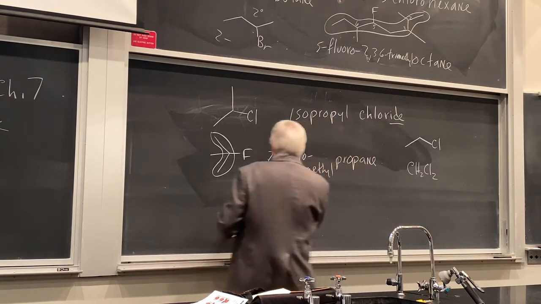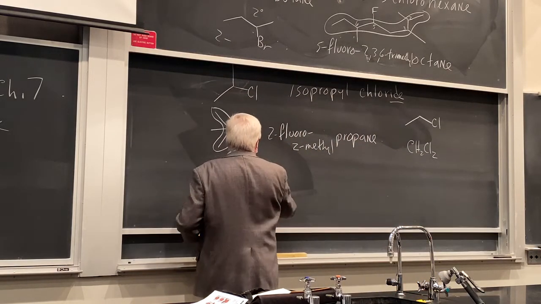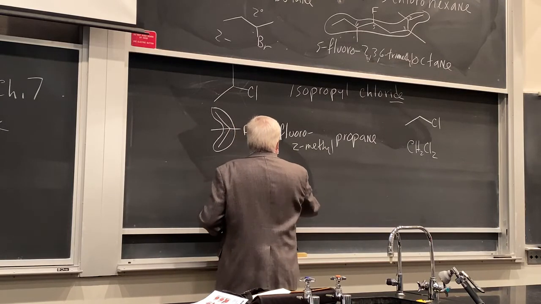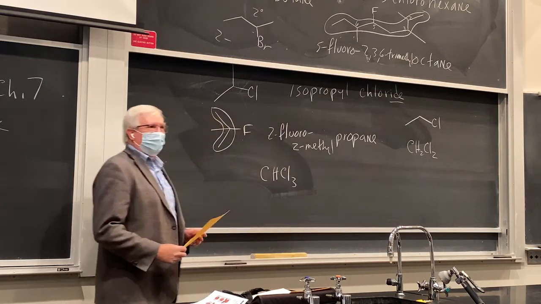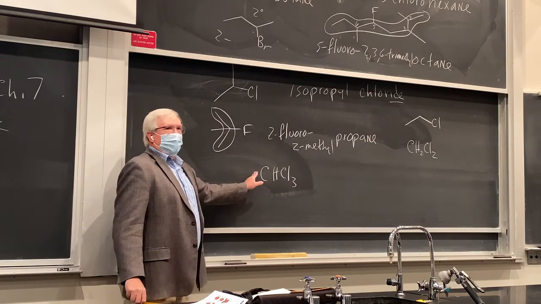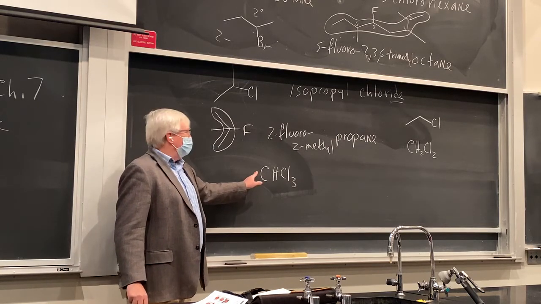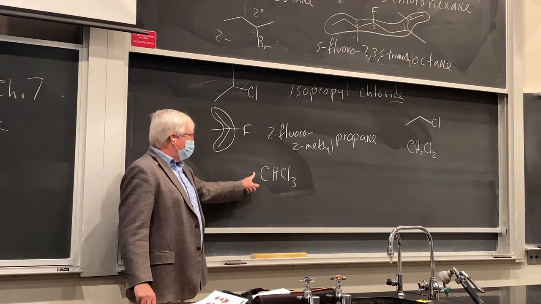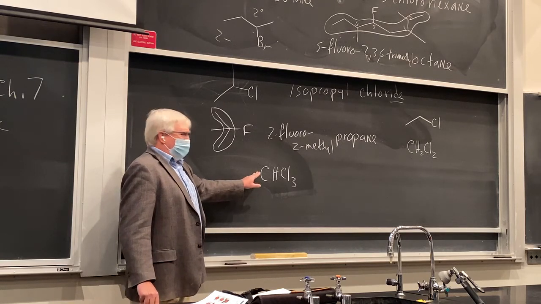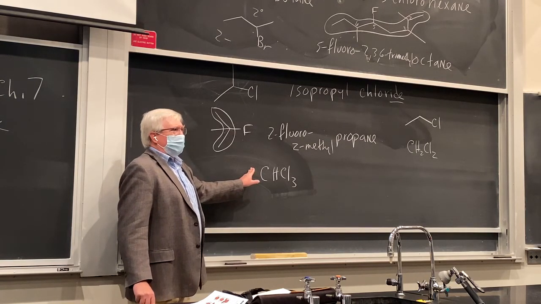And then we've got a couple others here. How about chloroform? Another very important solvent. And one of the old analgesia agents, okay, along with ethyl ether, diethyl ether. They're not used anymore for analgesia.